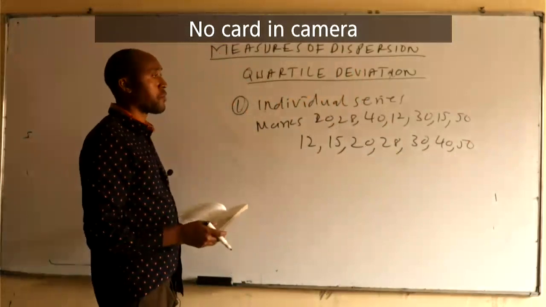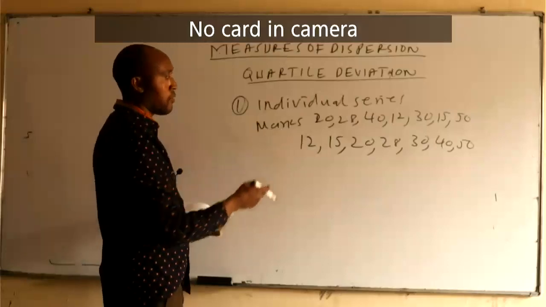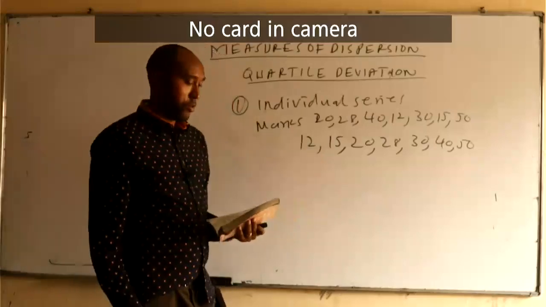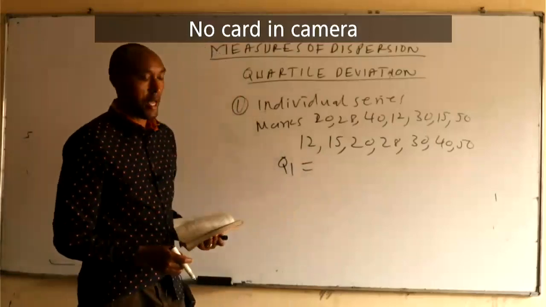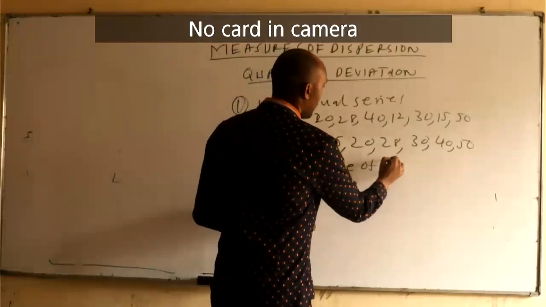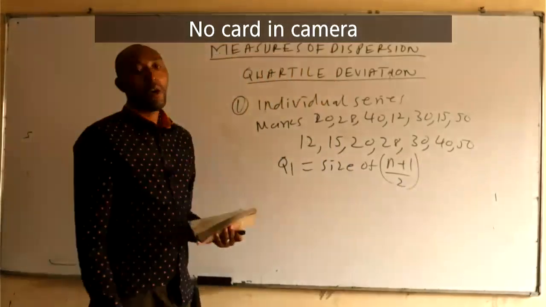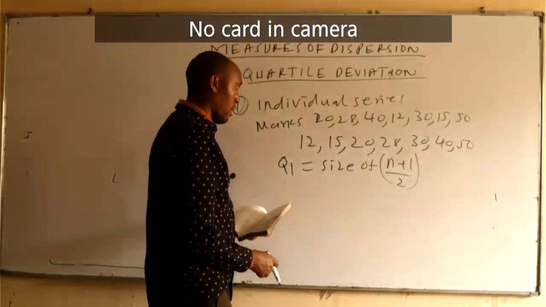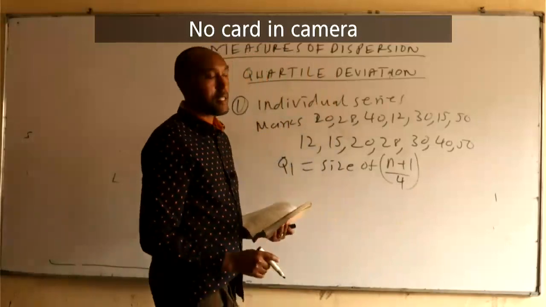From this, we now need to find Q1, the lower quartile, but we have to use the formula. The size of Q1 is the (n plus 1) divided by 4th item. We use n plus 1 when we want to get a whole number.